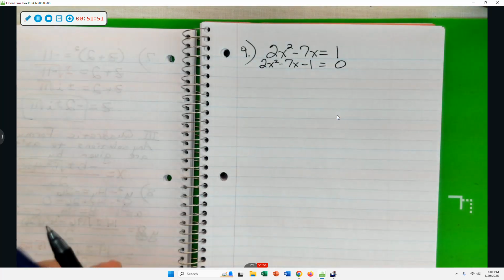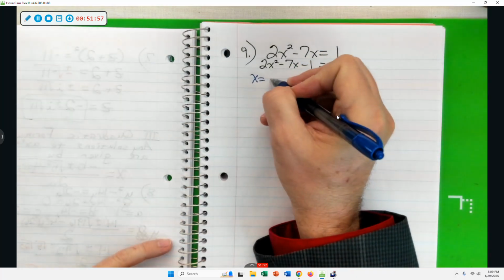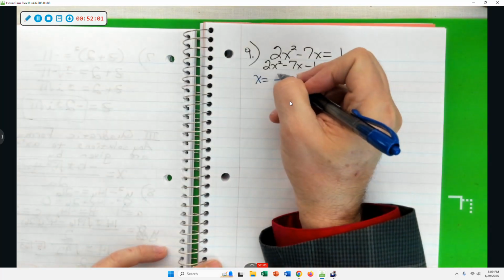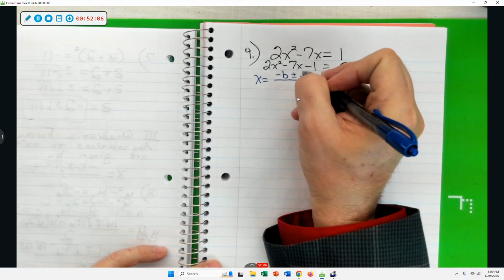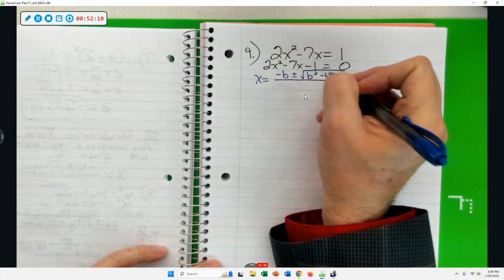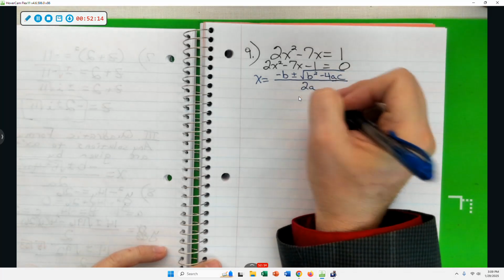Now let's write out the quadratic formula. I want to have something to look at or to point at. So we have negative b plus or minus the square root of b squared minus 4ac all over 2a.